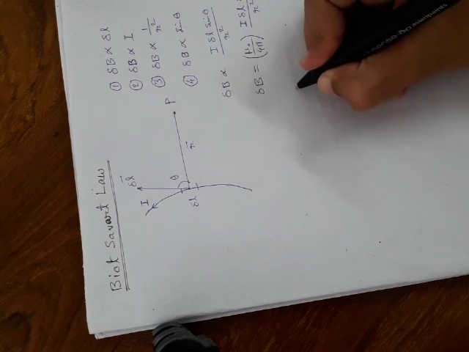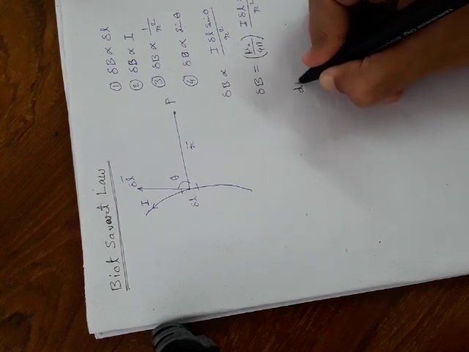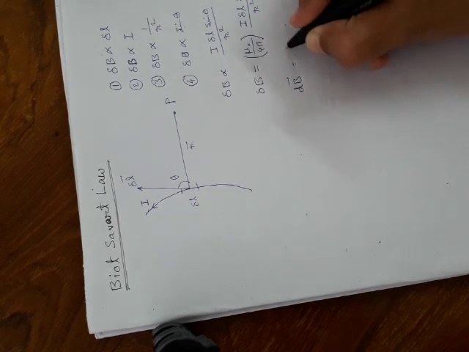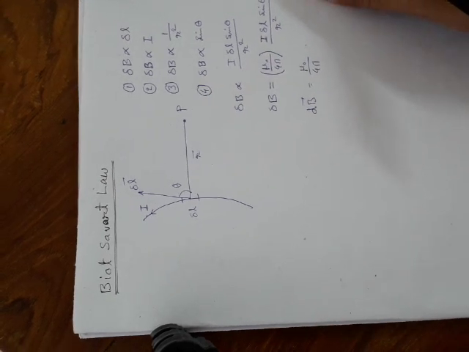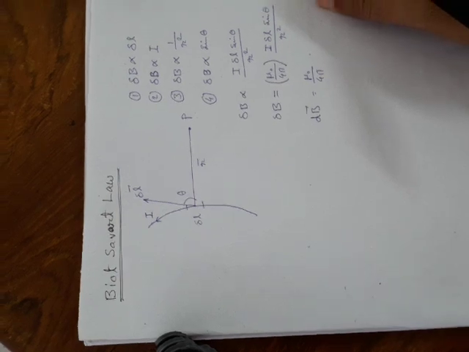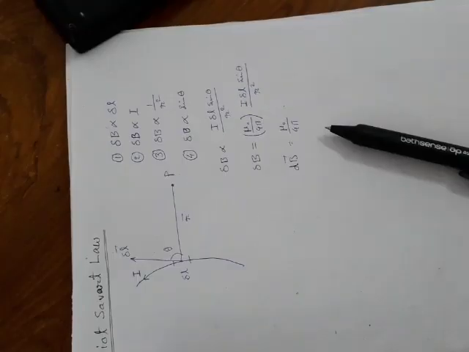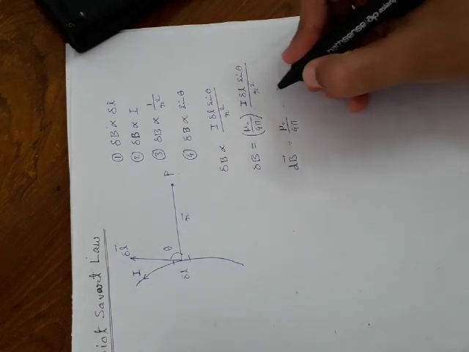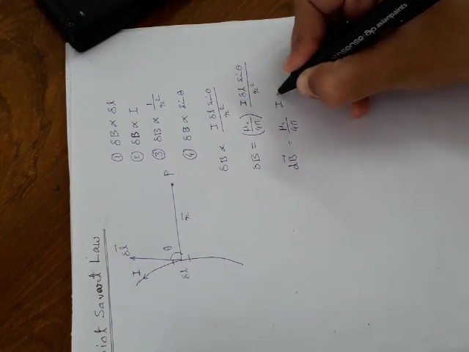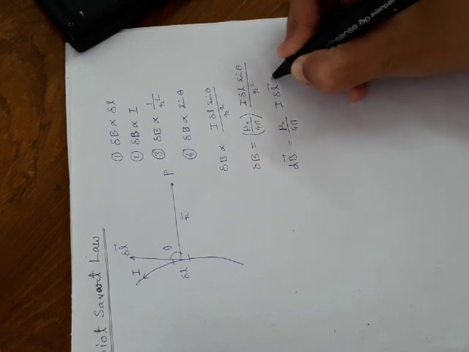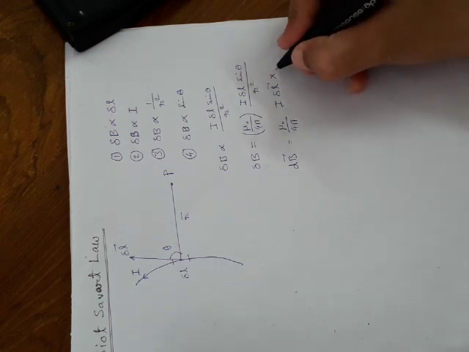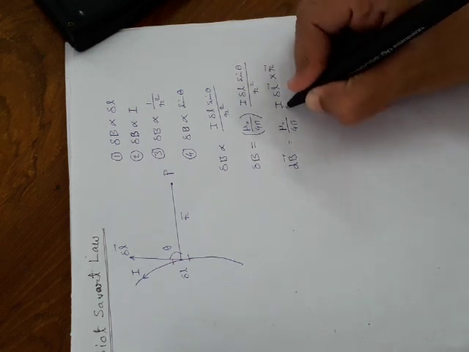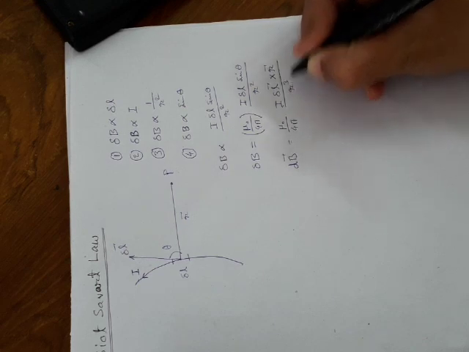In vector notation, we can write dB is equal to mu 0 by 4 pi I delta L cross r by r cube.